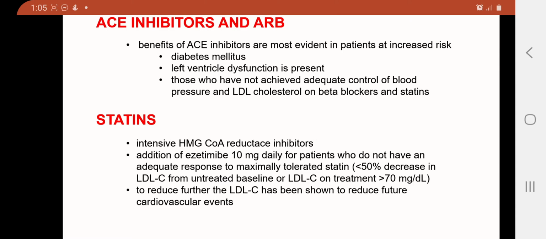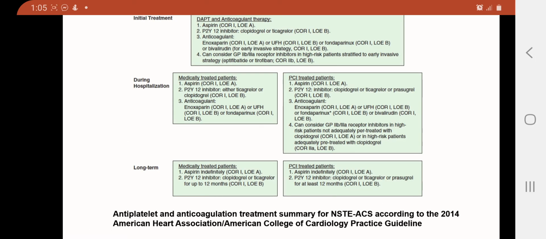So statins, the HMG-CoA reductase inhibitor, the goal is to decrease your LDL by more than 50% from the baseline, or to a value of 70 milligram per deciliter. You can add ezetimibe 10 milligram daily to achieve this goal. The reduction of LDL has been shown to reduce future cardiovascular events.